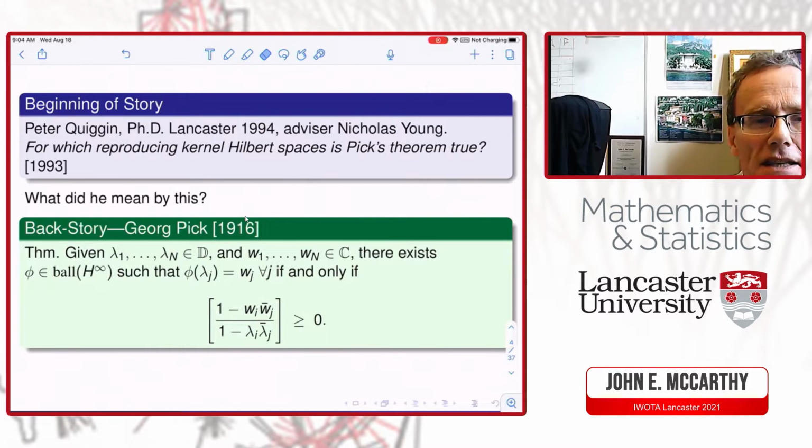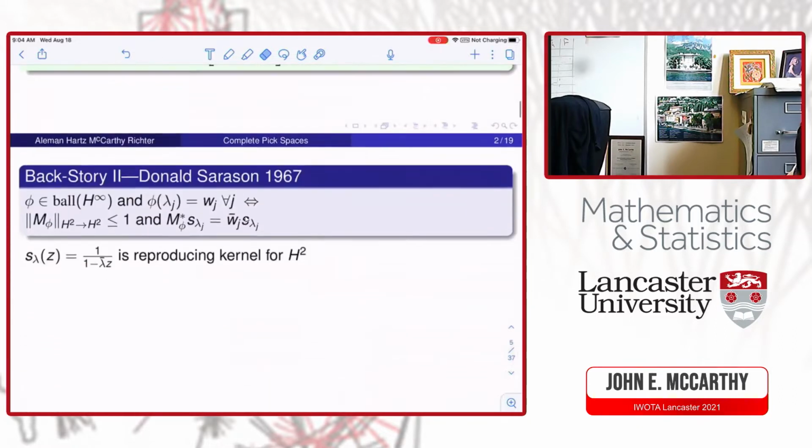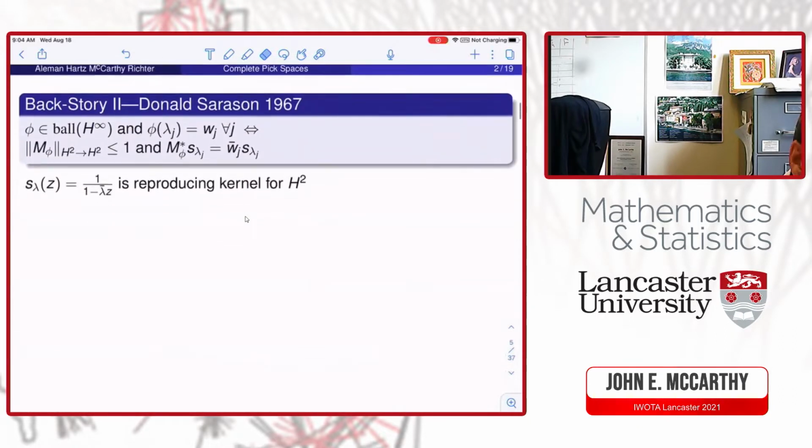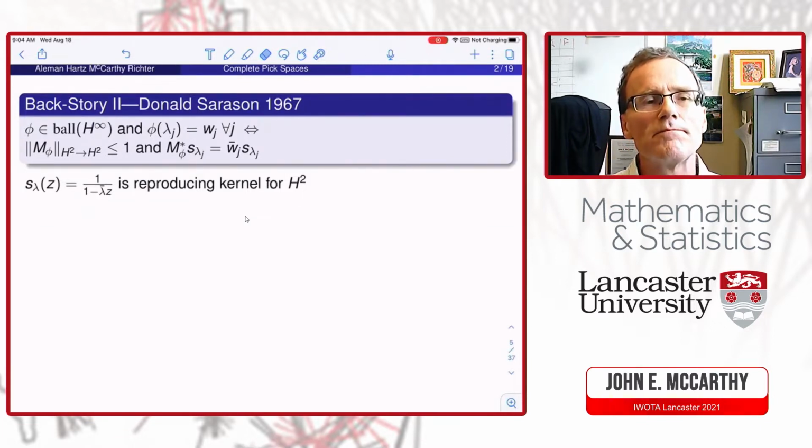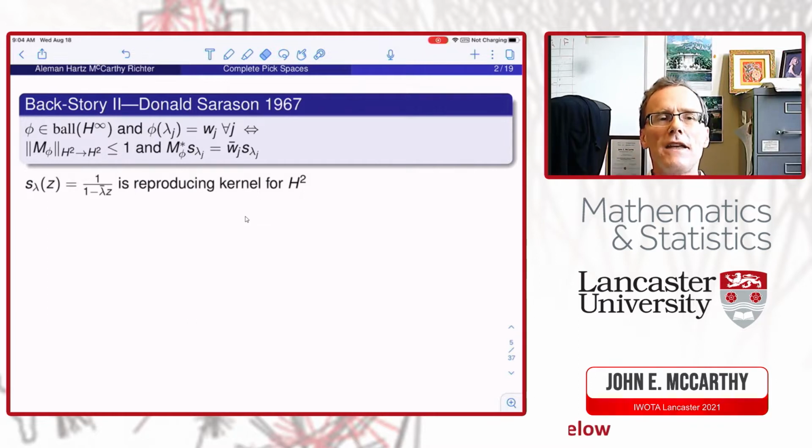Now, that's Pick's theorem. It doesn't say anything about reproducing kernel Hilbert spaces. So to make sense of Quiggin's question, we need a little bit more backstory. And this is an observation of Donald Sarason in 1967, that the requirement that phi be in the unit ball of H infinity and phi map lambda j to wj can be interpreted in terms of the Hardy space H2.